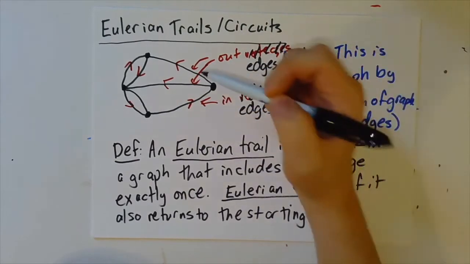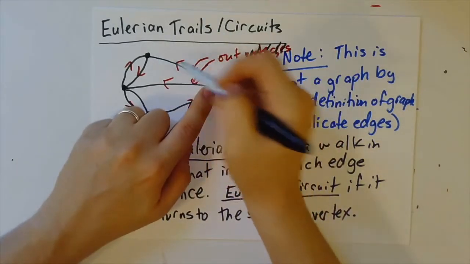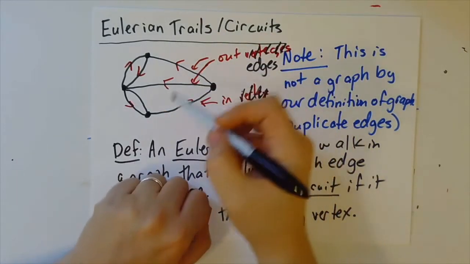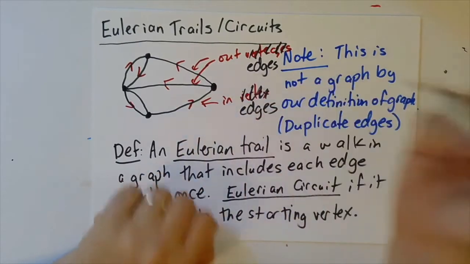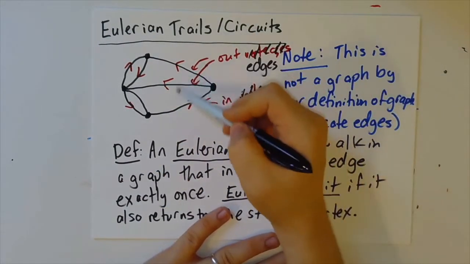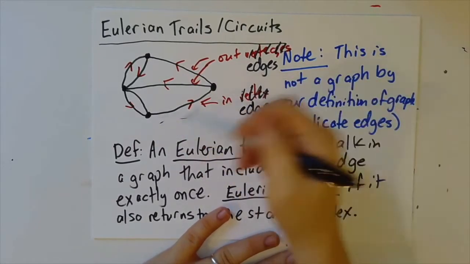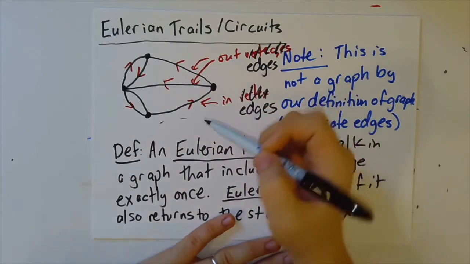And each of those edges either corresponds to an edge that I used to leave this vertex, or an edge that I used to enter this vertex. And so I'm going to label those out edges, the edges that I used to leave, and in edges, the edges that I used to come in.